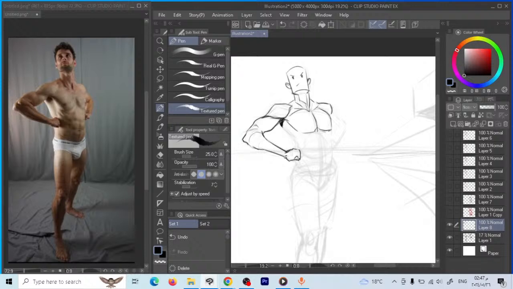But dynamic poses are also not that easy, man. Again. Let's go, let's go, let's go.